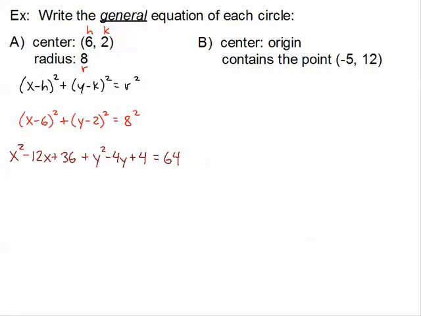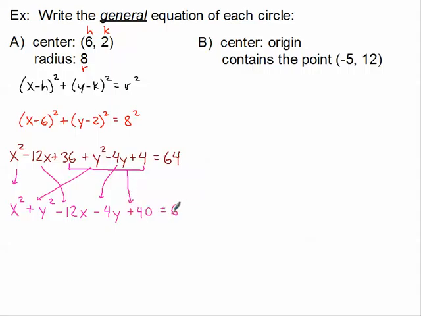Now let's go ahead and get our like terms together and put our terms in order. So the x squared term comes first, and then the y squared term, and then the linear term, negative 12x, and then the linear y term, negative 4y. I've combined these like terms together to make 40, and that's now equal to 64.